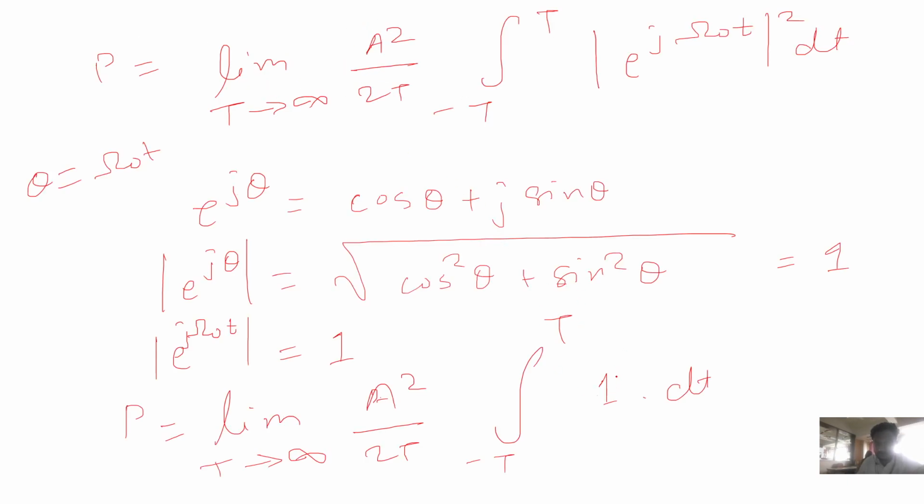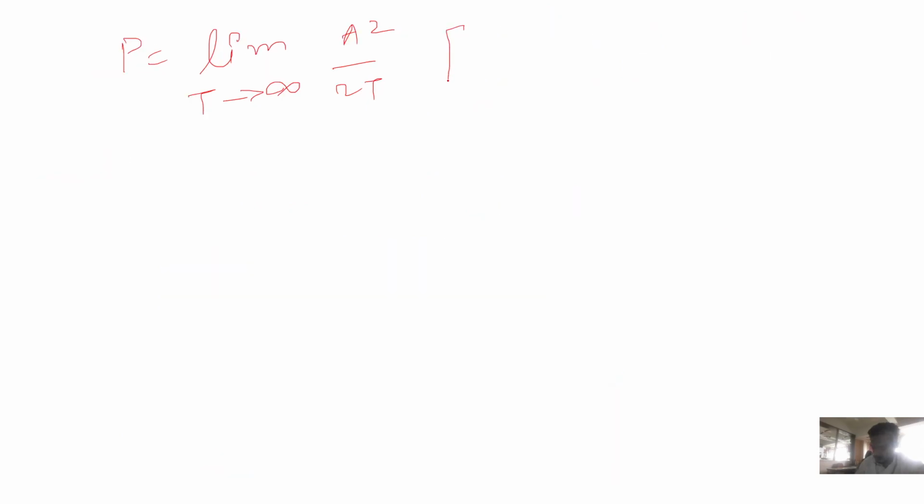No, sir. And therefore power is going to be equal to limit t tends to infinity a square upon 2t. The integration of this is going to be t with limits t to minus t, right?